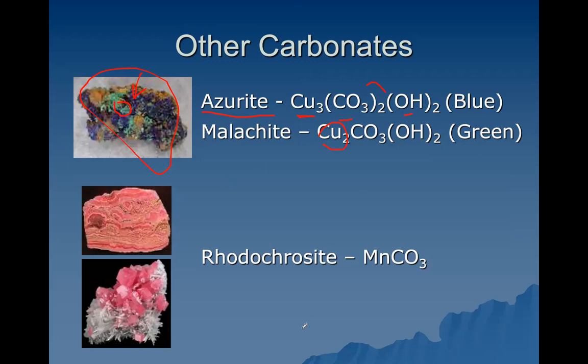And this one, manganese carbonate, that is rhodochrosite. So this is also a common, not very common, but a popular mineral, rhodochrosite, because of this color, this very beautiful pinkish appearance. So this is rhodochrosite.